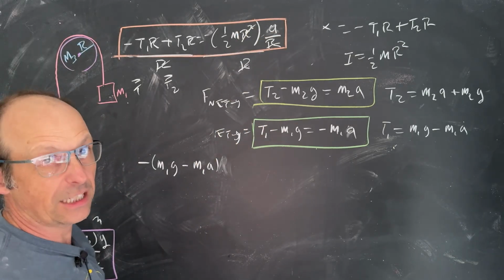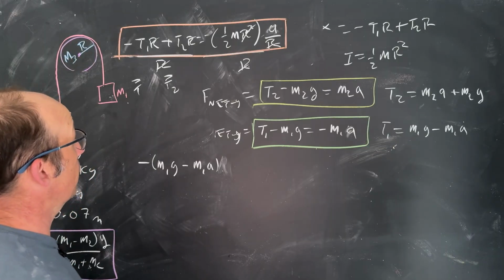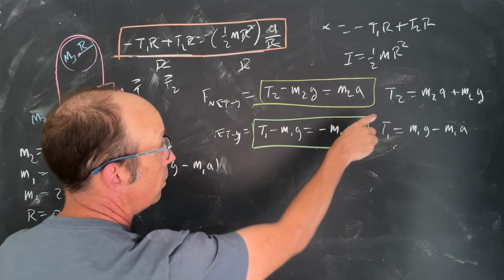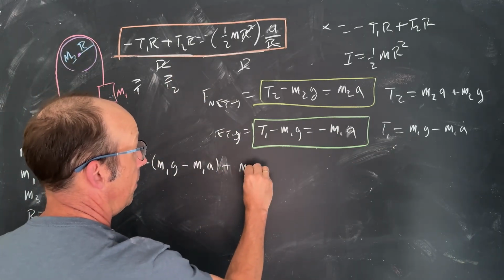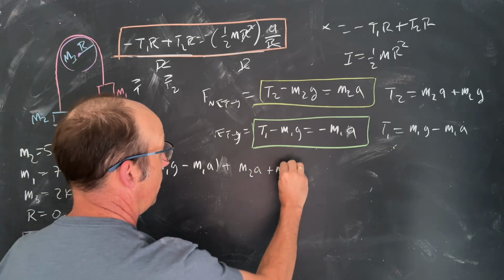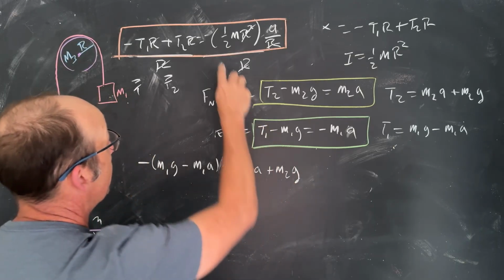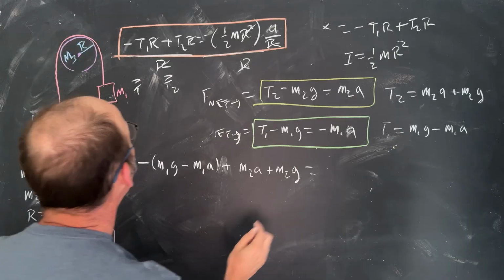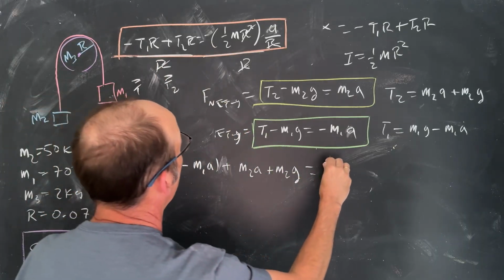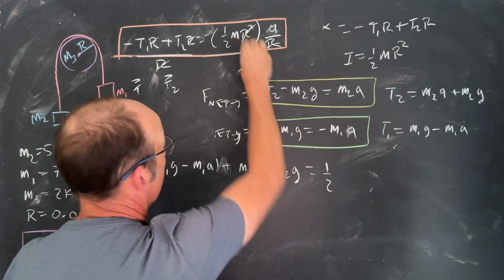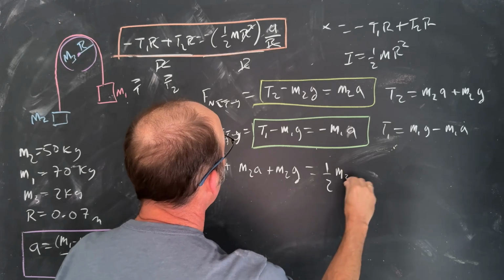Just makes it a little less messy to see that. You can leave it in there if you wanted to. Plus T2, so then I have plus M2A plus M2G, and then that's going to be equal to, the negatives canceled, so I have 1/2 M3A.